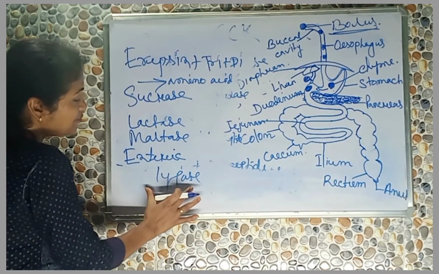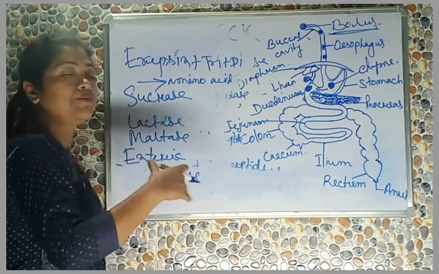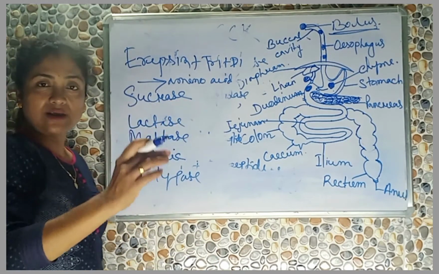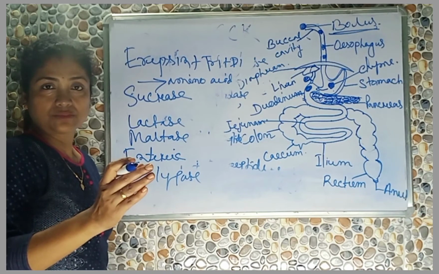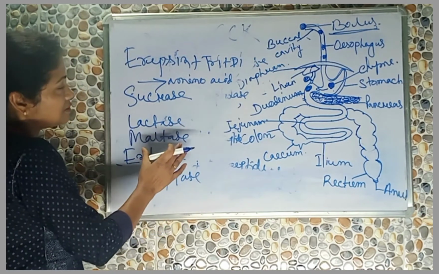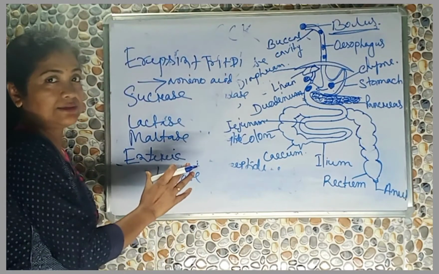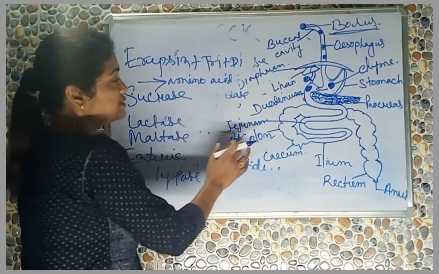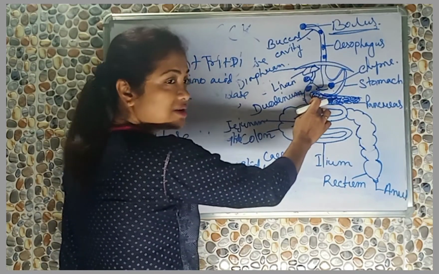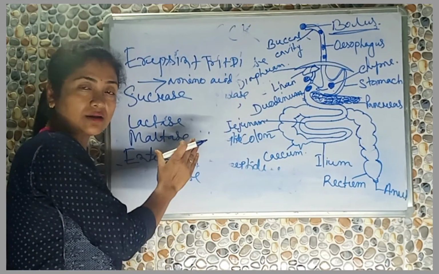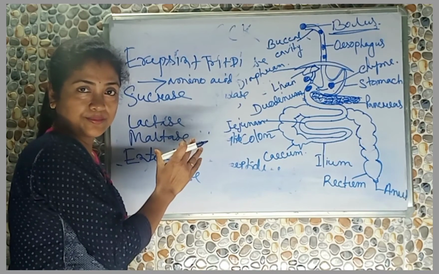And then enteric lipase acts on the remaining part of the fats, and fats are broken down into fatty acid and glycerol. So digestion is completed inside the small intestine with the help of intestinal juices.